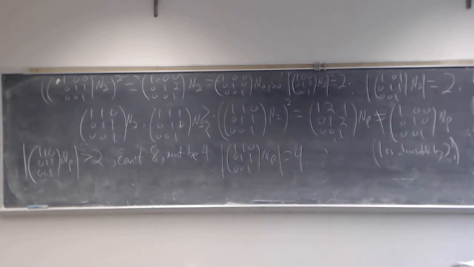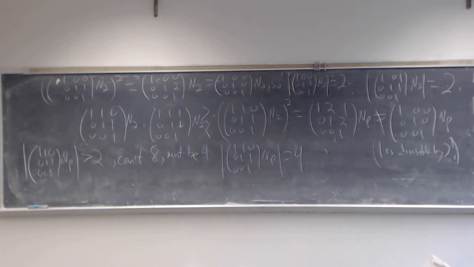Again, going into it in general, for anything, only the identity can have order 1, right? Because A to the first is just A. So if A to the first is the identity, that means A is the identity. So any non-identity element has to have order bigger than 1.